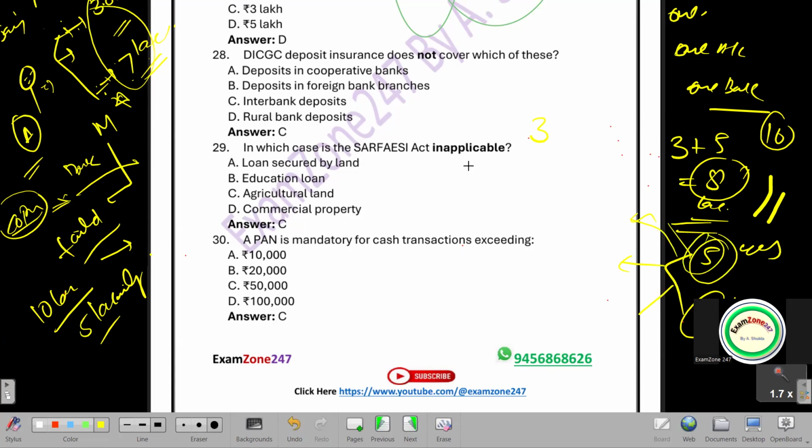Time is yet to be over. By 1, we will be finishing the session, and the rest of the MCQs we will be attending in the next series. But by the time, see, in which case is the SARFAESI Act not applicable? Loan secured by land, education loan, agricultural land, and commercial property.